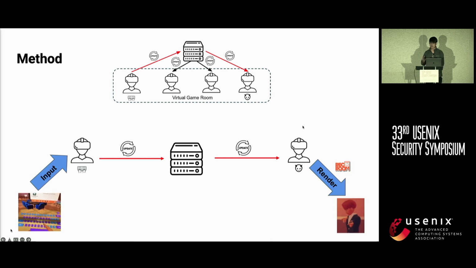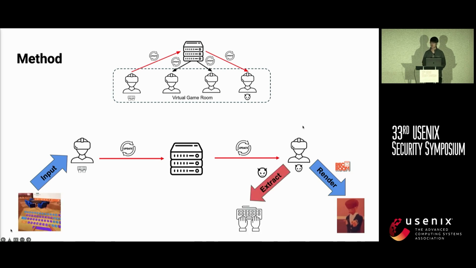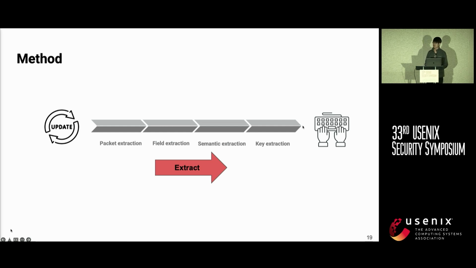You can take the visual output and analyze that. Or in our case, we take directly the game data that the game uses to render, to directly extract all the precise locations of everything. Then we take this game data and reconstruct the keystrokes from it. In summary, our approach is taking the game network updates, doing a sequence of extraction steps, and reconstructing the keystrokes from them.